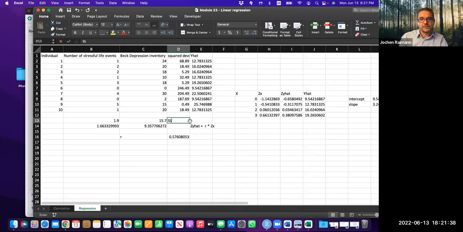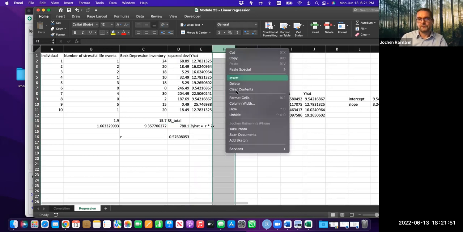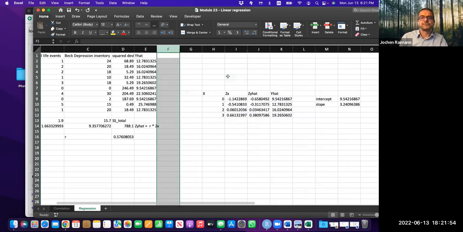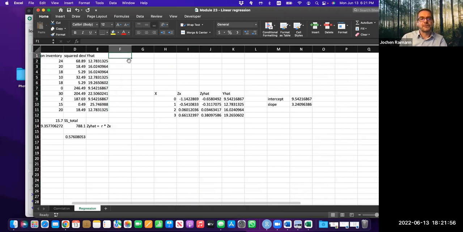So our sum of squares total is the sum of this: 788.1. And now you have residuals. You want to calculate these residuals by calculating y minus yi, as in the formula, squared.